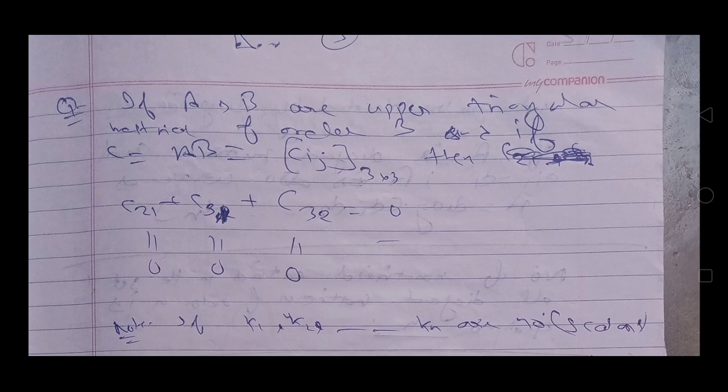Now we know that in upper triangular matrices all the entries below the diagonal will be 0. So C21 will be 0, C31 will be 0, C32 will be 0. So the sum of all of these three entries will also be 0.